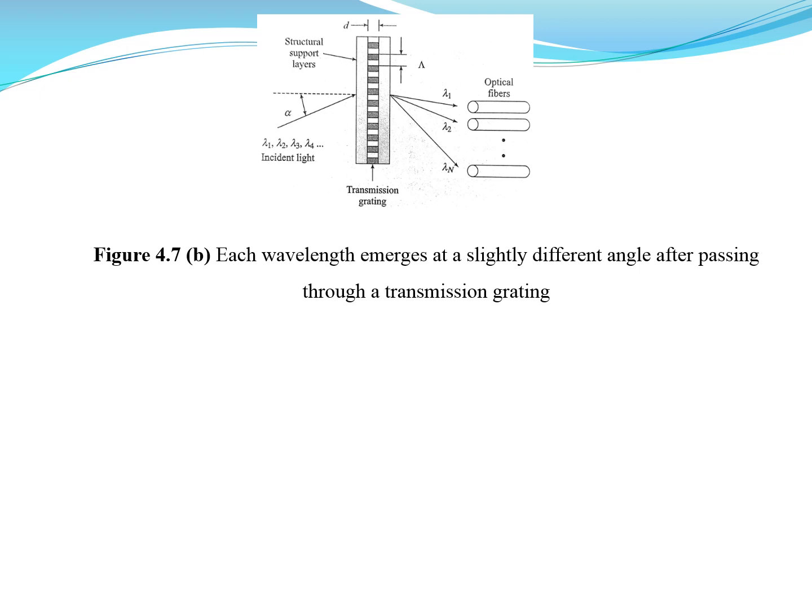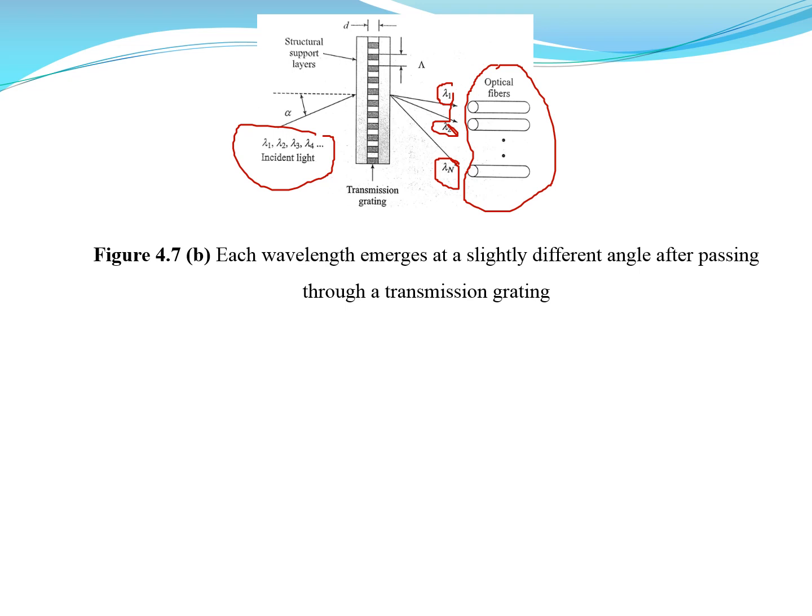We see that the light is incident. Here we see the incident light forming an angle alpha, with the distance of separation d in the transmission grating in a fiber. And here we see that the light with different wavelengths is separated, lambda 1, lambda 2 till lambda n. These are the lights of different wavelengths and they get separated and enter these optical fibers.